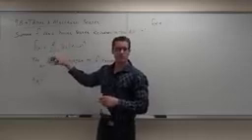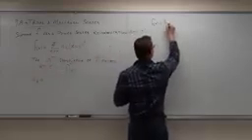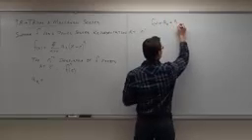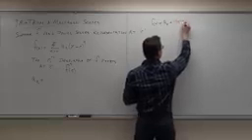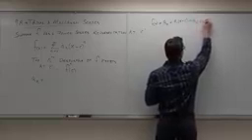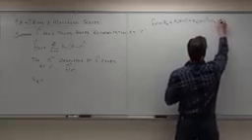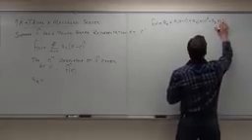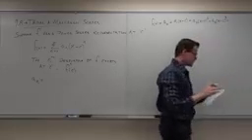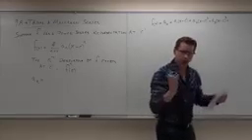If f of x has a power series representation, then in general it's going to be represented by this. Give me the first term of this power series. A sub 0, and this to the 0 would give me 1, so it would be a sub 0. Then what's the next term? A sub 1, x minus c, plus a sub 2, x minus c squared, plus a sub 3, plus and so on, all the way down until we get to a sub n, x minus c to the n.